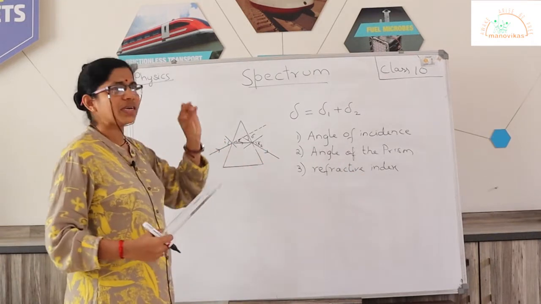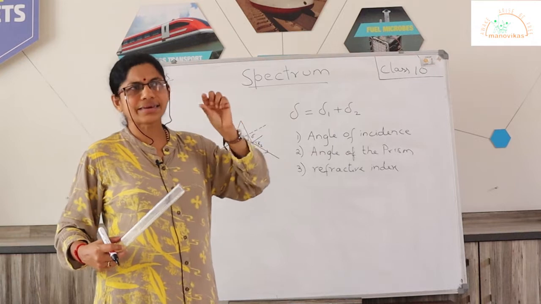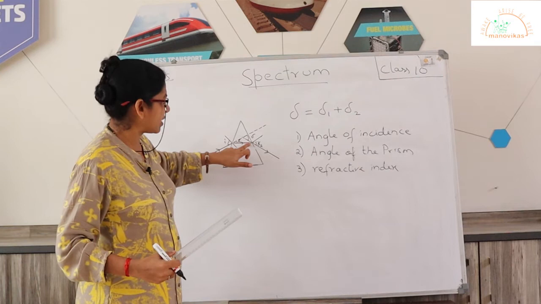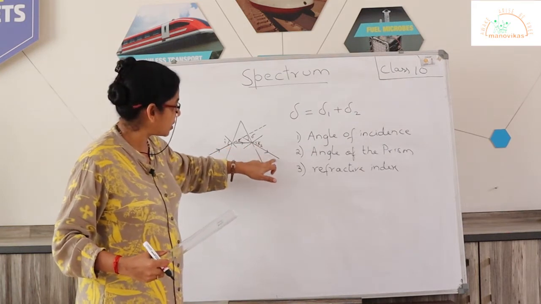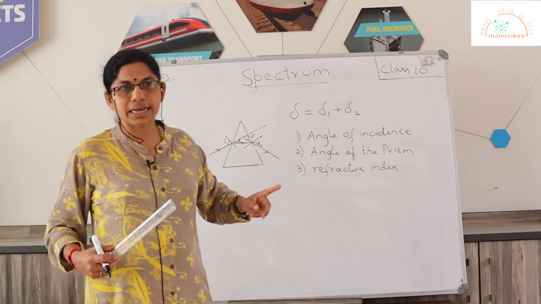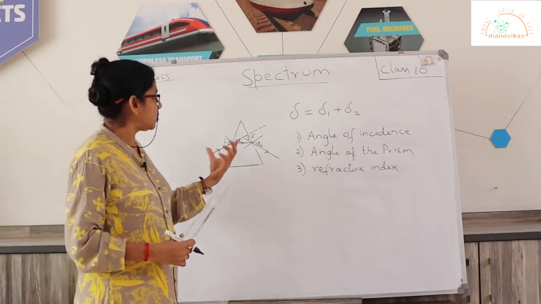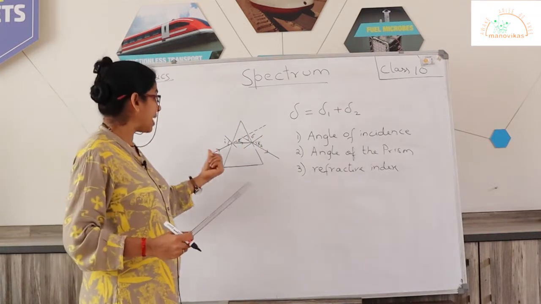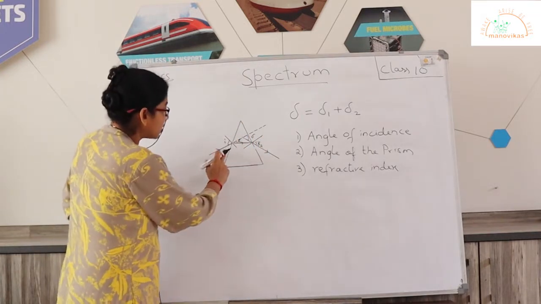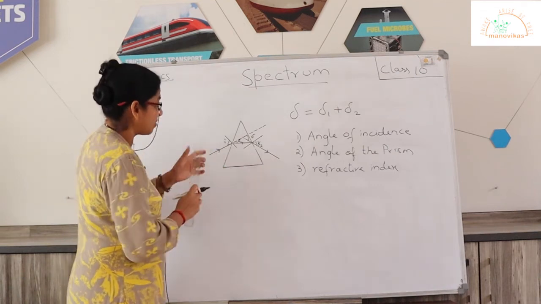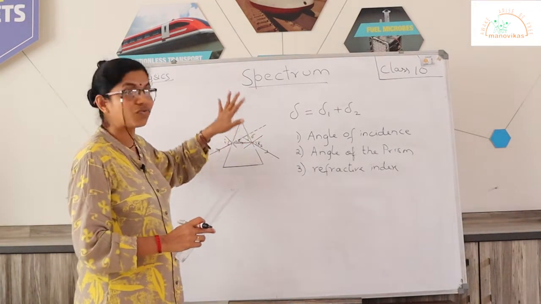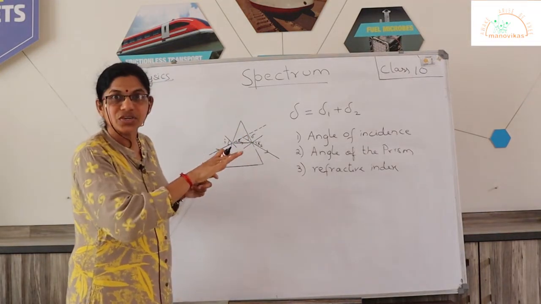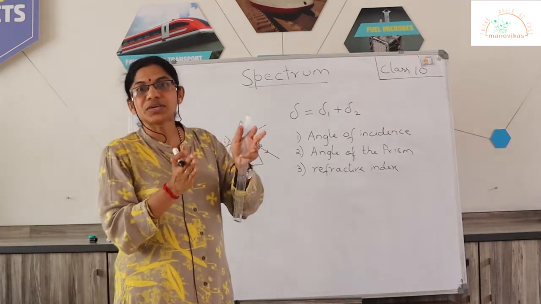So if we are using a monochromatic light, that is a light having just one color, you are going to have one single ray that gets refracted, and the emergent ray also will be one single ray. But if you are using a polychromatic light, or white light, that is sunlight, then when white light is incident on this type of prism, at this interface there will be deviation and dispersion.